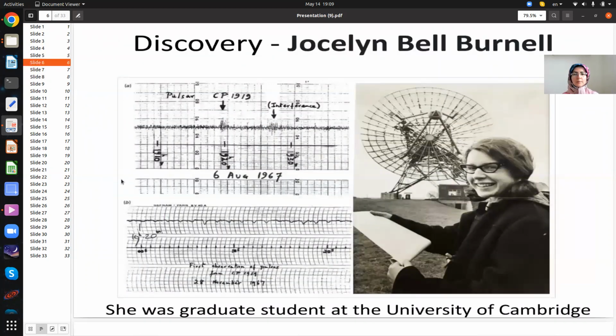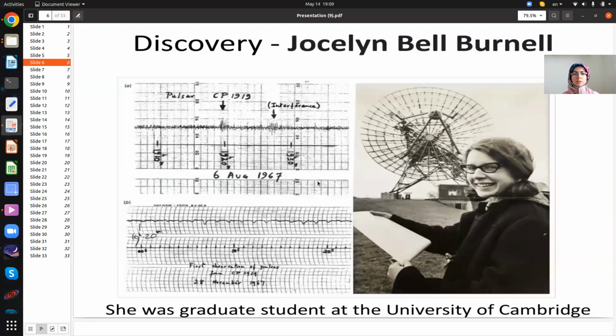You see here Jocelyn Bell. She was a graduate student at the University of Cambridge, and she was the first one who discovered pulsars in 1967. At that time she was a Ph.D. student. And here are her notes.